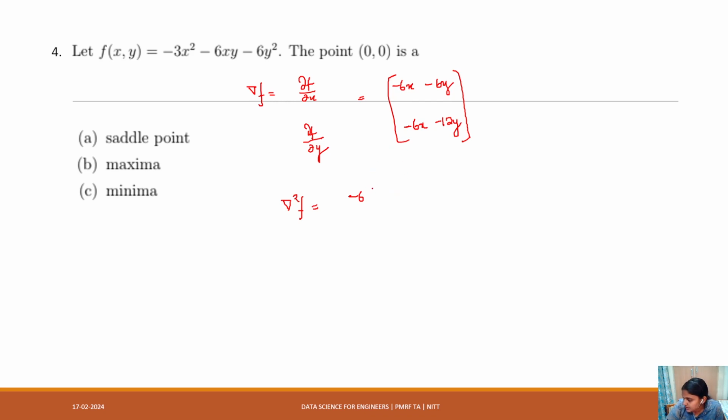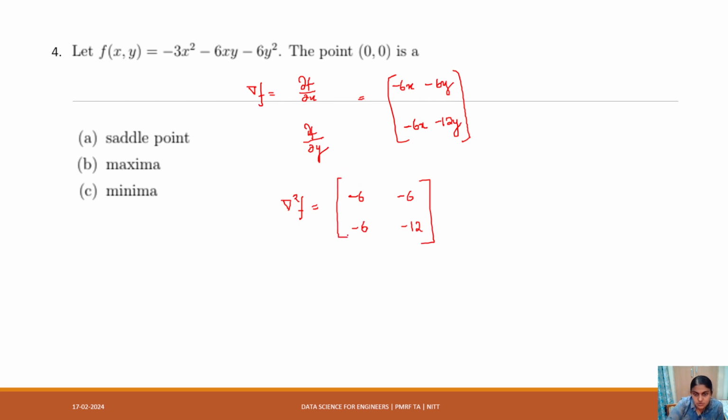Next one will be ∂/∂y of ∂f/∂x, which gives -6 here, and the same thing will be repeating, -6. Again ∂f/∂y differentiated with respect to y will give -12 here. So this is the Hessian.